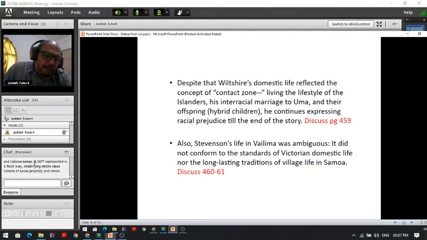Let me read the prompt again. The expansion of the British Empire and the rise in immigration sharply affected how the Victorians thought of home in the 19th century.